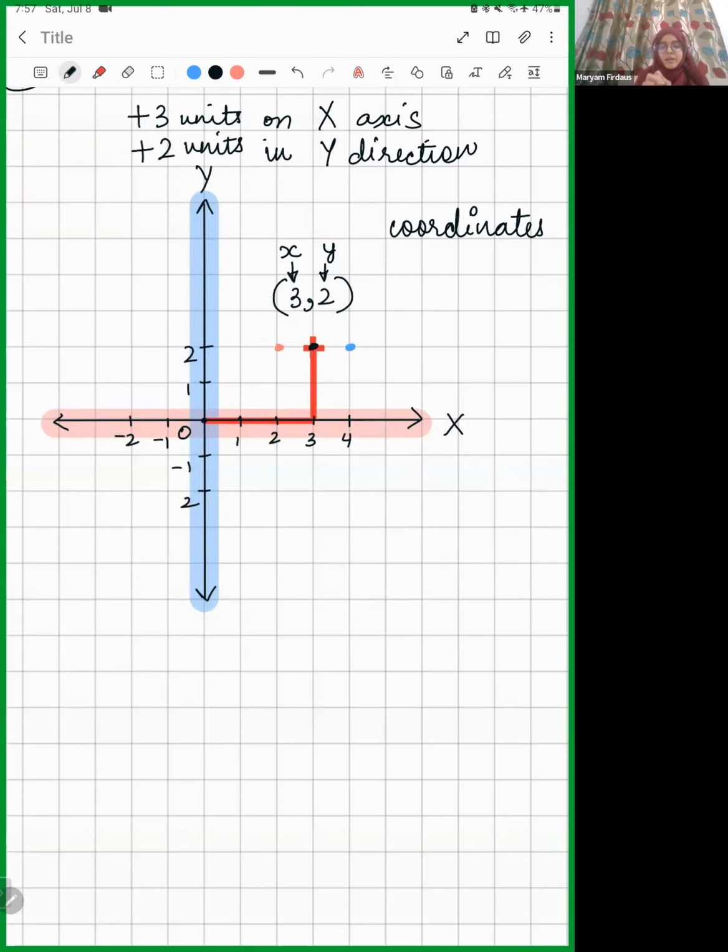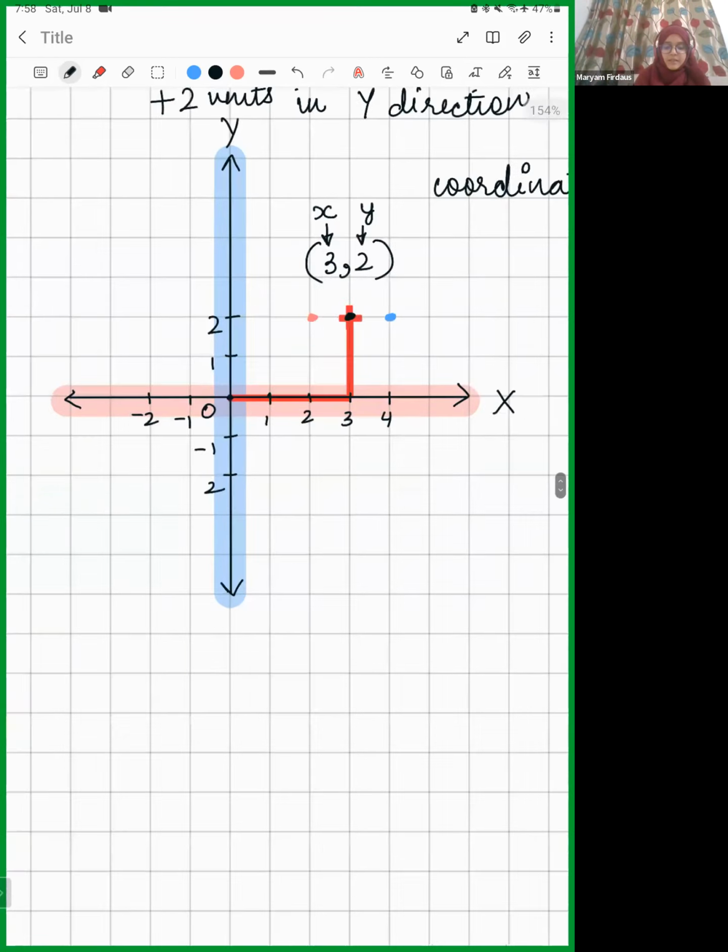So now just remember, the term that I just used, I said this area. What is this area called? Does it have a name? You can see that these two axes, the x-axis and the y-axis, are dividing my entire plane into how many parts? 4 parts.